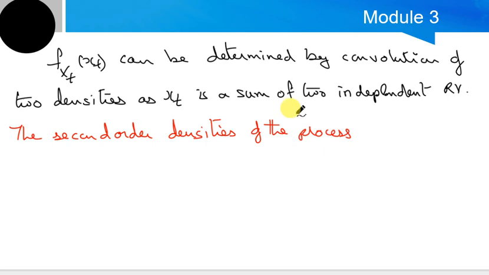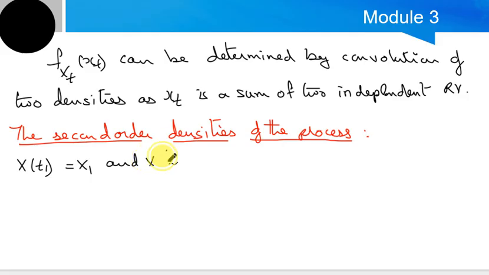Second order density of the process, that is, I need to find f x1 x2 of x1 comma x2. Let me consider x of t1 equal to x1 and x of t2 equal to x2.